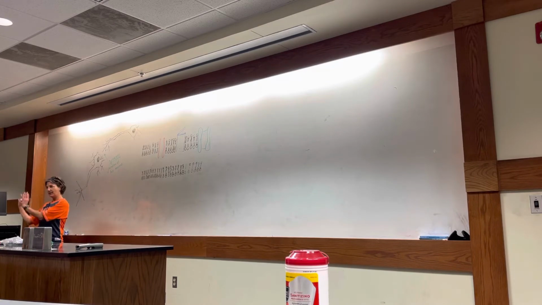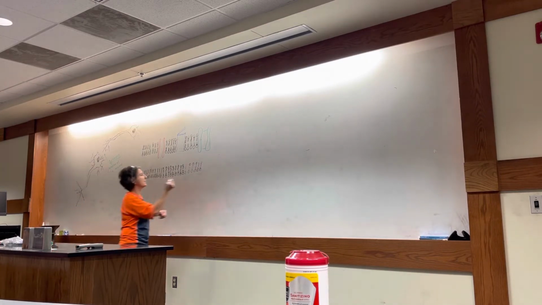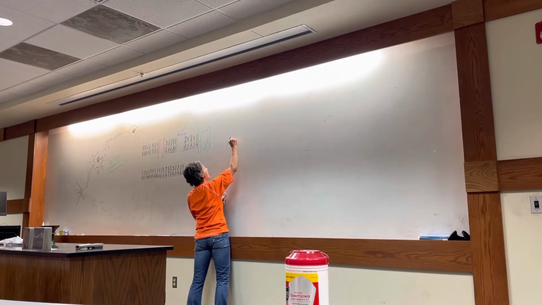Okay, but we're gonna set that aside for now, and we're just gonna talk about the big picture. How are these electrical signals sent from one neuron to the next neuron to the next neuron, and ultimately to an organ or a muscle?